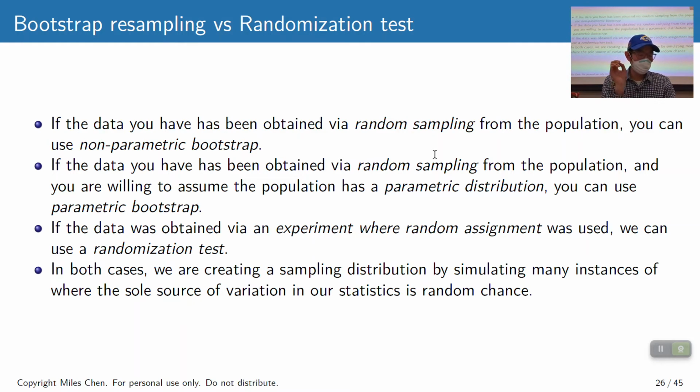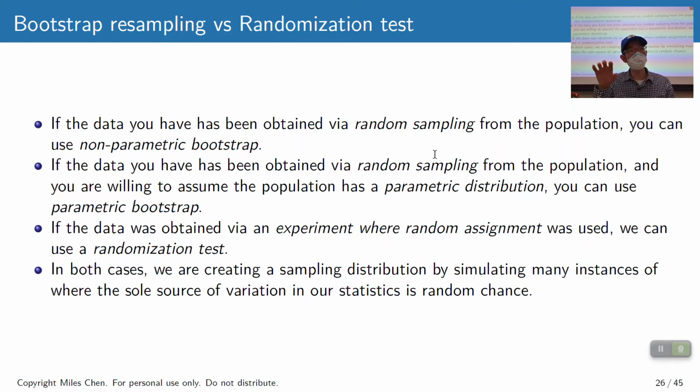If your data was obtained via random sampling, you can use non-parametric Bootstrap. If your data was obtained via random sampling and you're comfortable making parametric assumptions, then you can do parametric Bootstrap. If your data came from an experiment with random assignment, then you can't do Bootstrap, you have to do a randomization test.